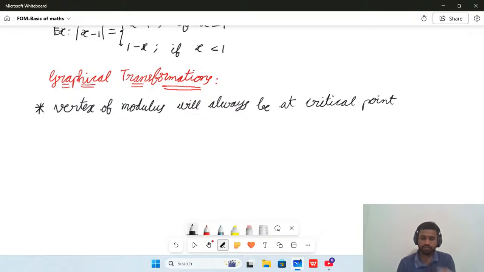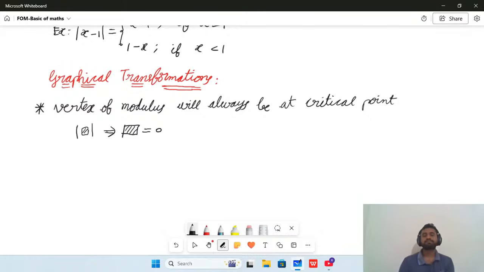Critical points are the points where the expression is becoming zero. Suppose we consider modulus of some expression. The critical points are the points where the expression inside this modulus is becoming zero.